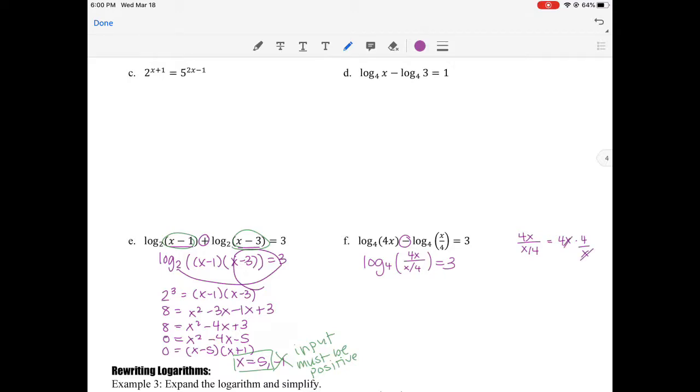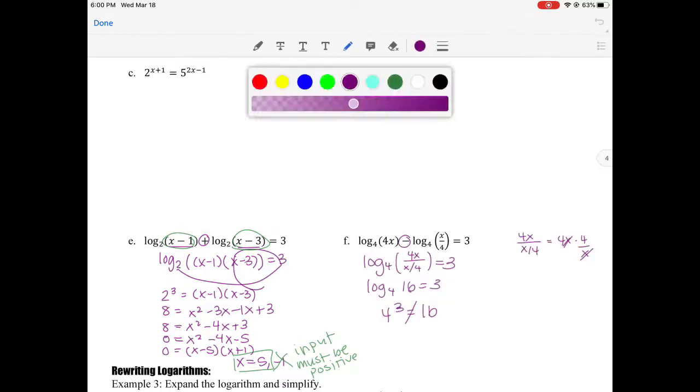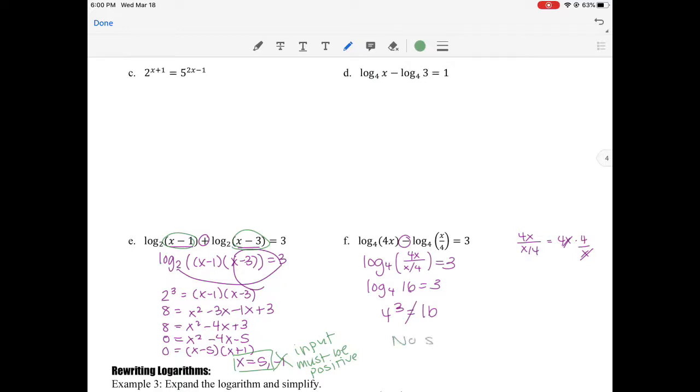Your x's cancel, so we get 16. So log base 4 of 16 equals 3. So we use our definition, we got 4 to the third equals 16. Is that a true statement? Well, it's not. That is not true. So therefore, how many solutions do you think there are? There is no solution.